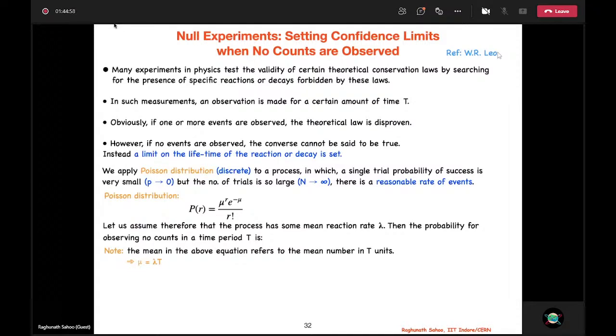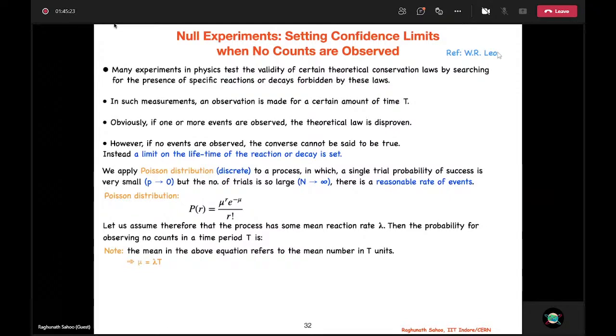I should note here that the mean in the above equation refers to the mean number in the units of time t. If you see e to the power minus mu, mu should be dimensionless. So if your unit is t, then you have to put some constant which is the inverse dimension of time.